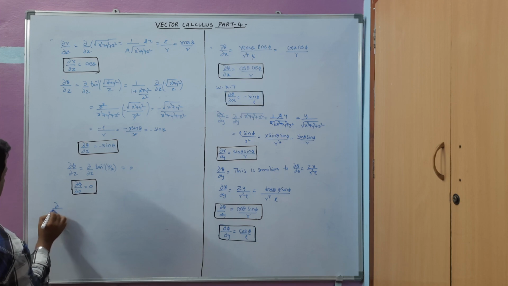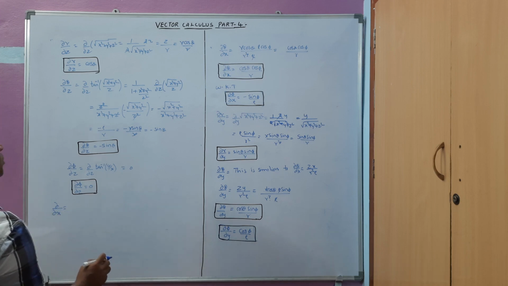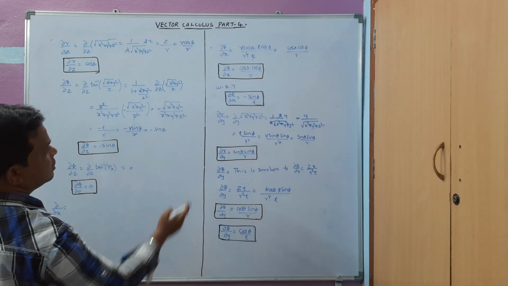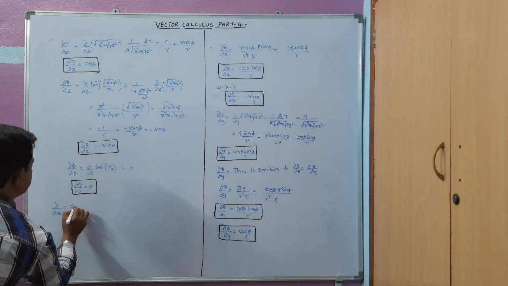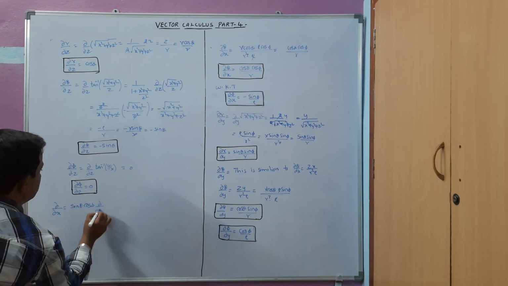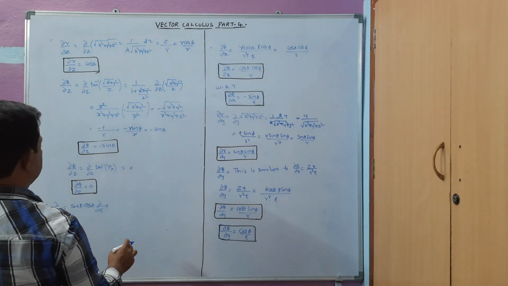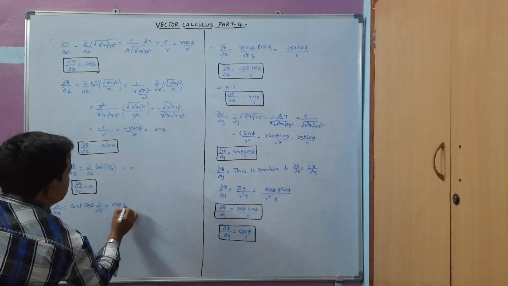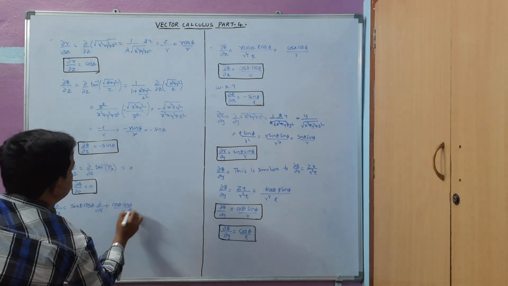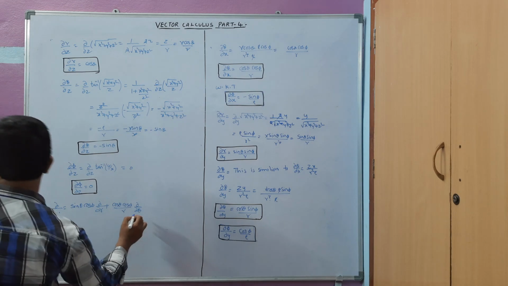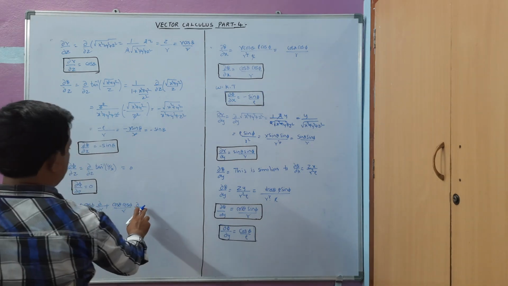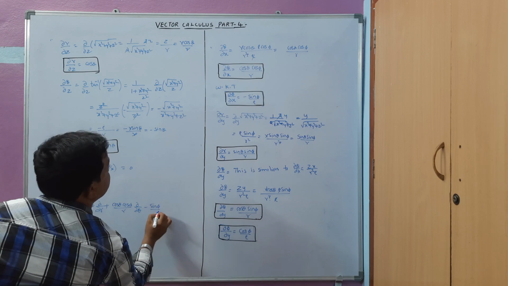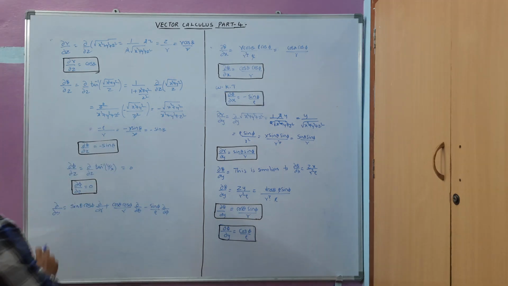Dou by dou x will be equal to dou r by dou x, which is sin theta cos phi, into dou by dou r, plus dou theta by dou x, which is cos theta cos phi by r, into dou by dou theta, plus dou phi by dou x, which is minus sin phi by rho, into dou by dou phi.